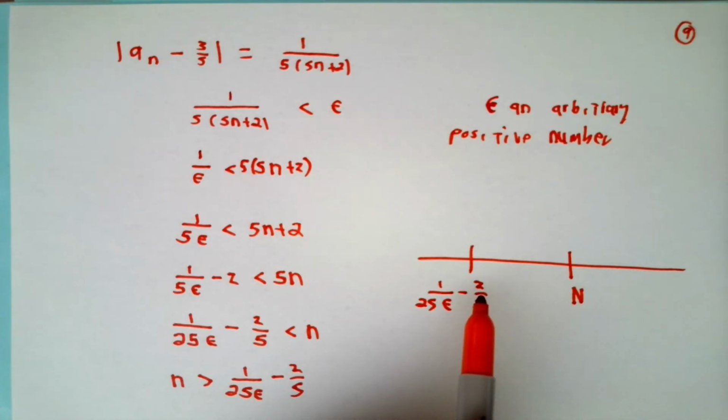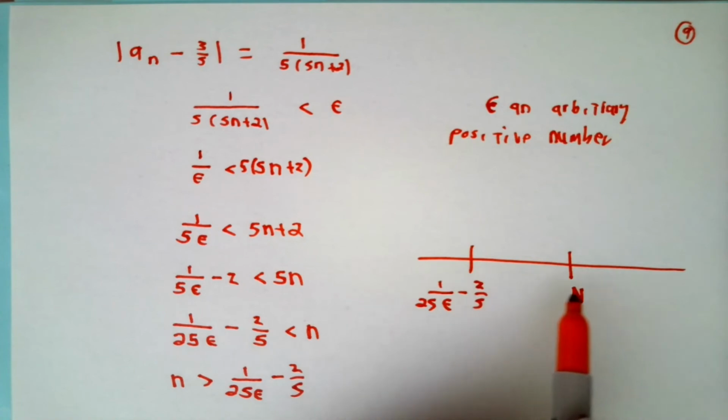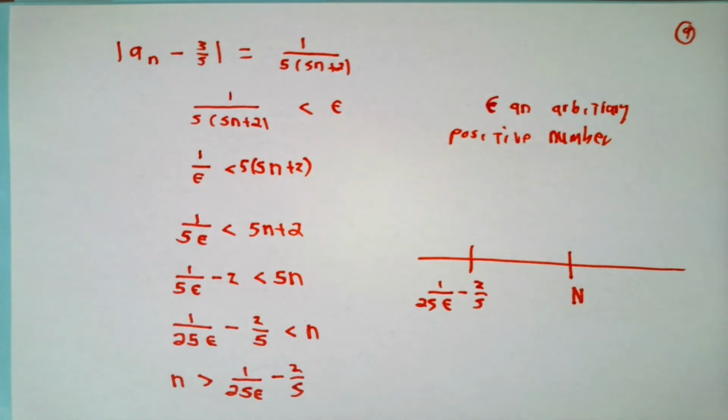Figure out the value that we've just stated, and if need be, move to the right until you hit a whole number. If your index is bigger than this number, then the inequality we want will be true. If the index is bigger than capital N here, then it is automatically bigger than the cutoff for our condition.